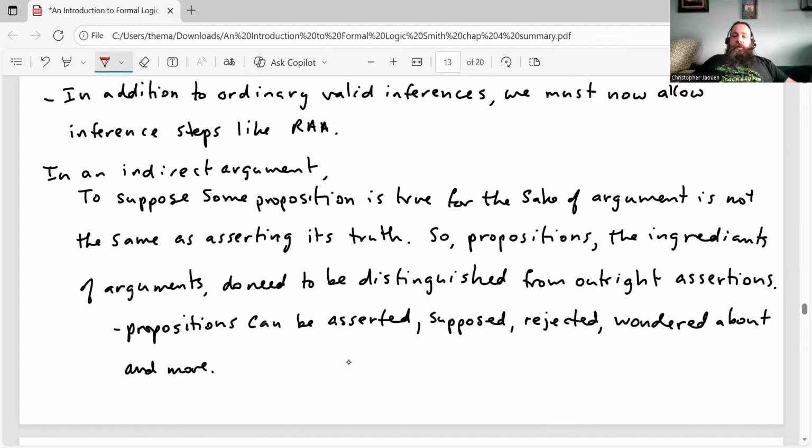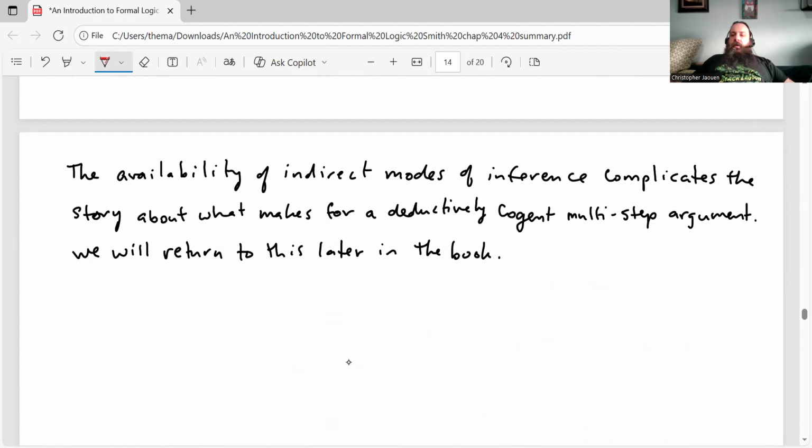So propositions, the ingredients of arguments, do need to be distinguished from outright assertions. Propositions can be asserted, supposed, rejected, wondered about, and more. And finally, the availability of indirect modes of inference complicates the story about what makes for a deductively cogent multi-step argument, but we'll return to this later on in the book, says the author.